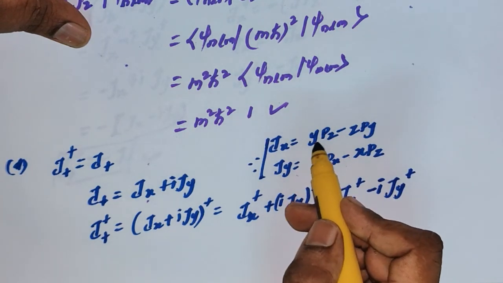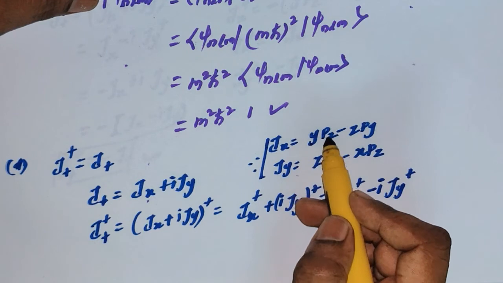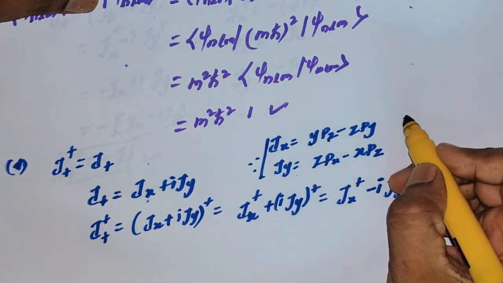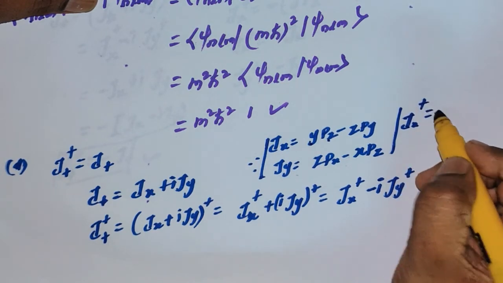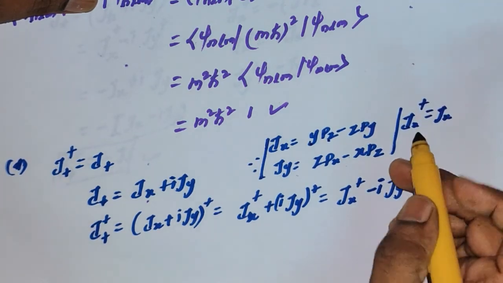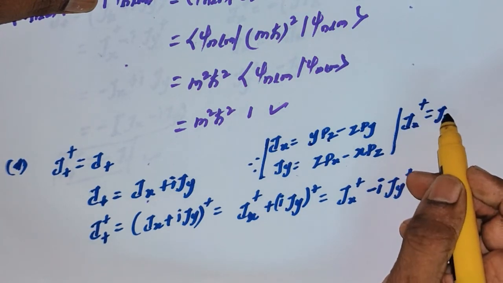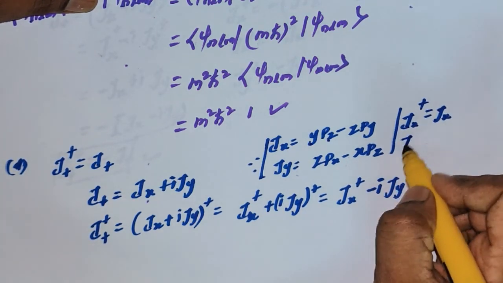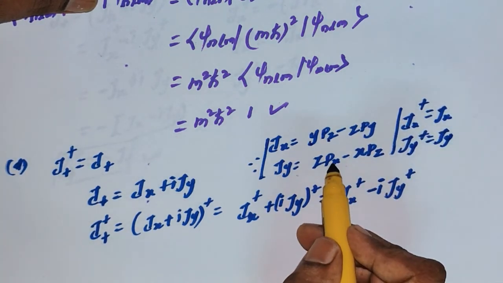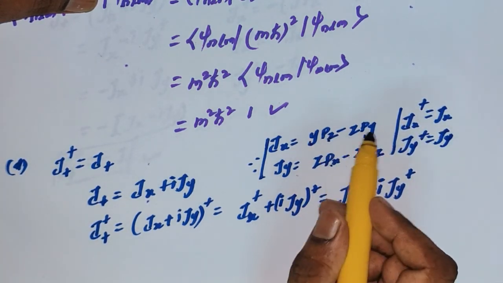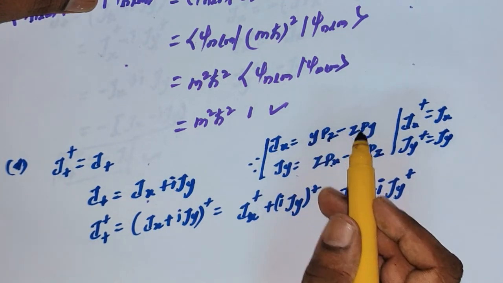Here y as well as pz are self-adjoint operators, that means these are Hermitian operators. In general, Jx dagger is equal to Jx, that means it is Hermitian, equal to its own conjugate. In the same way Jy dagger is Jy, because the linear momentum operators x y z are all Hermitian, as well as the position operators.